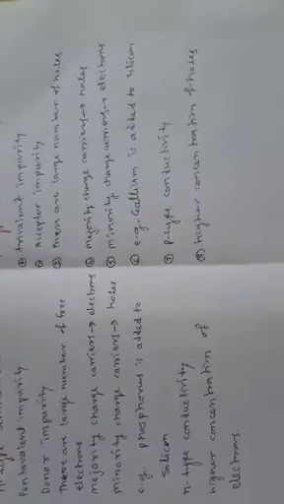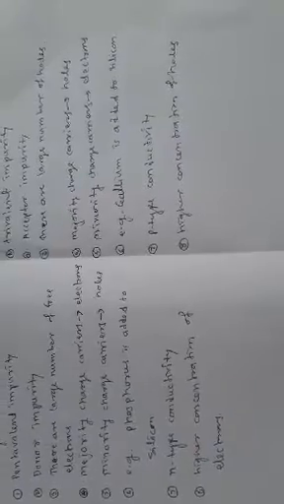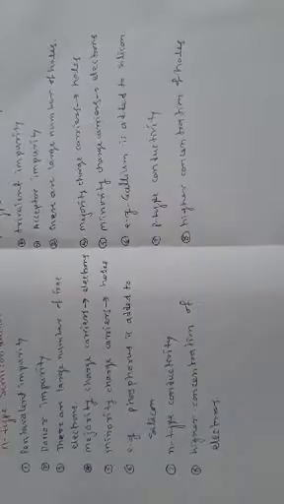Therefore, when we apply the potential difference across the N-type semiconductor, majority charge carriers are electrons, and in case of P-type semiconductor, majority charge carriers are holes. In case of N-type semiconductor, minority charge carriers are holes.